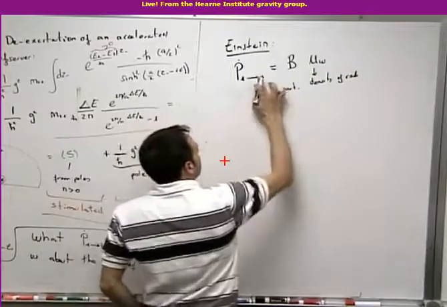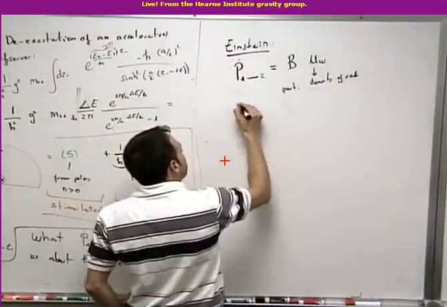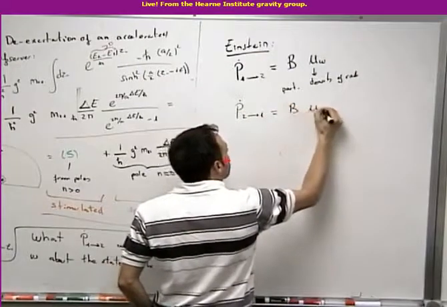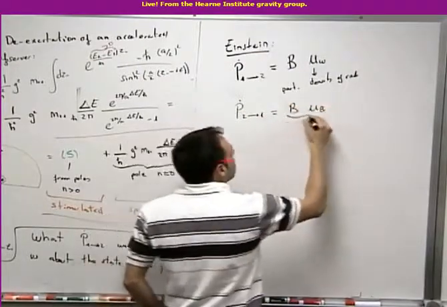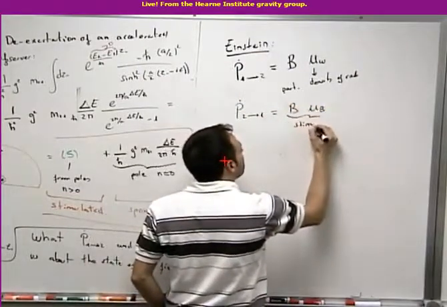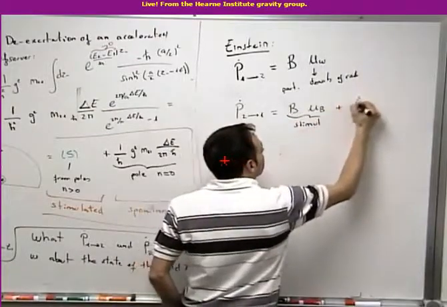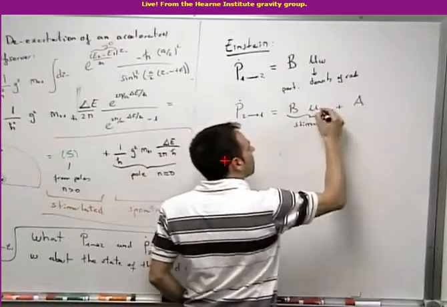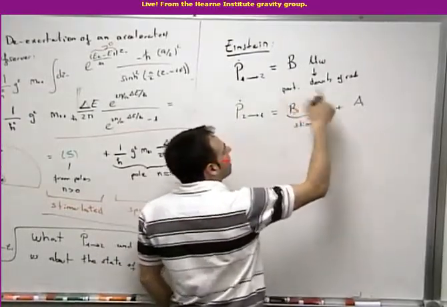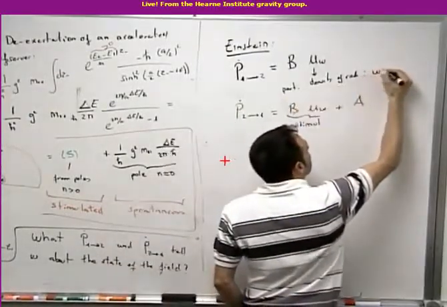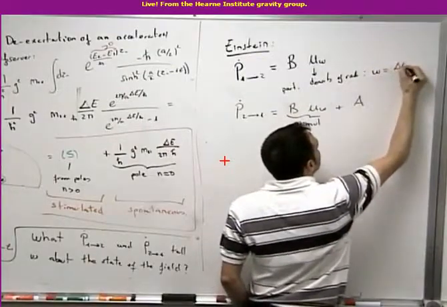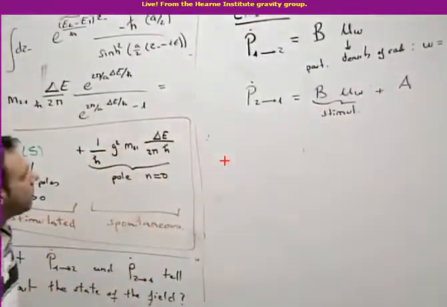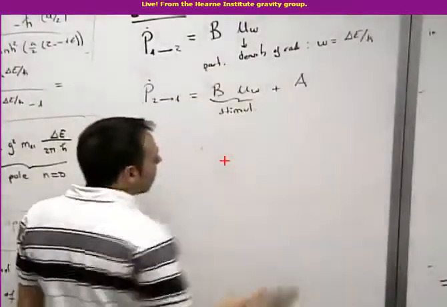He also defined the probability of de-excitation, and he said that you have two parts. One is stimulated or induced plus spontaneous, which doesn't depend on the density. This is the particle density of radiation with frequency omega, and omega has to be equal to the energy of the gap of your detector or your atom. These B and A are Einstein coefficients.